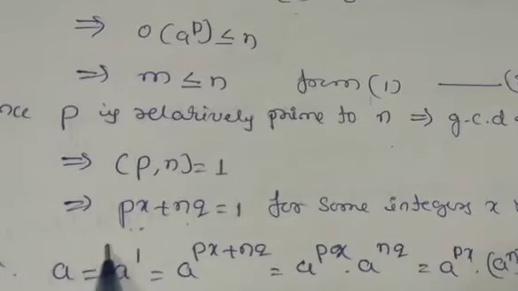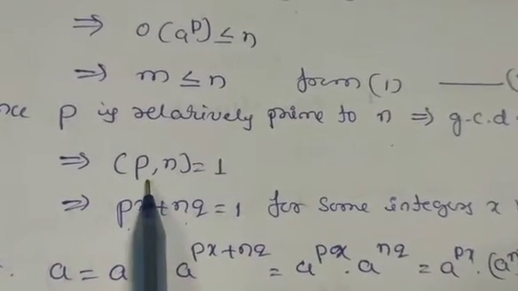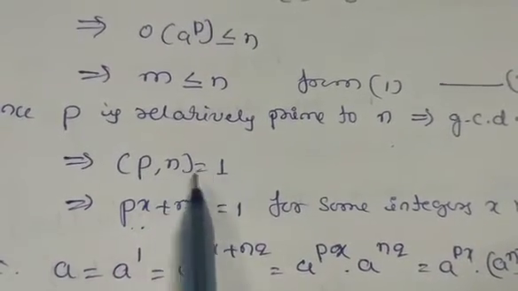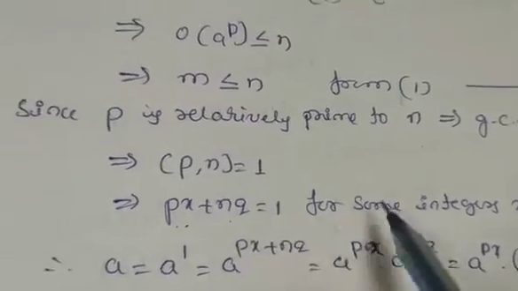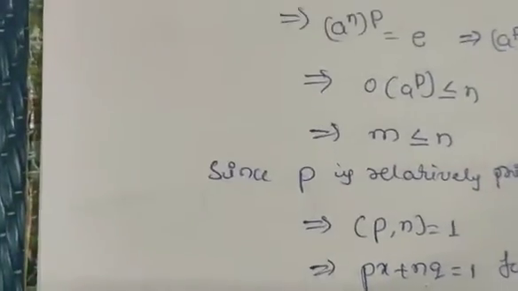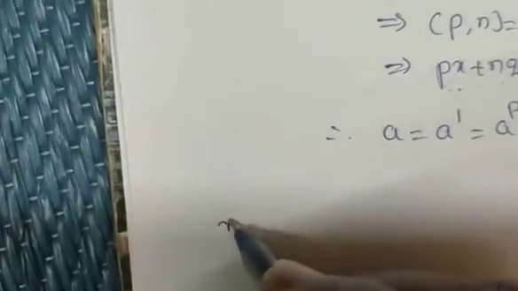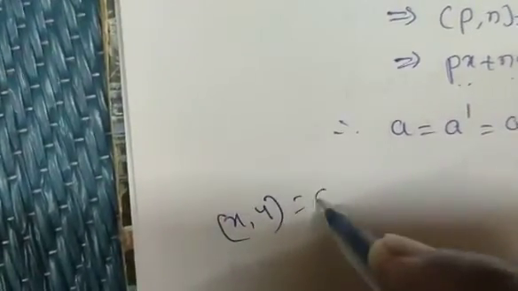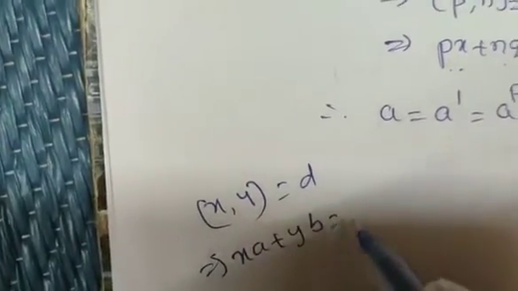This is one statement you studied in your previous class: if the GCD of x and y is equal to d, then x into a plus y into b is equal to d.